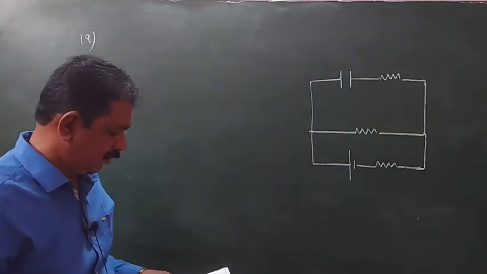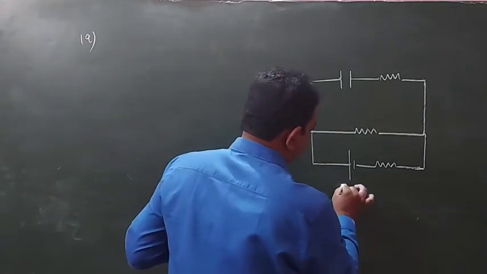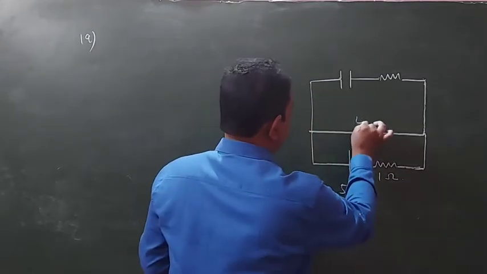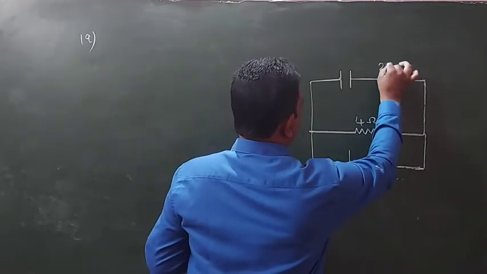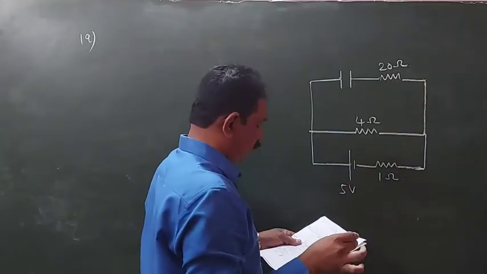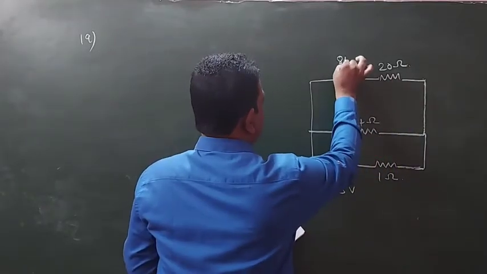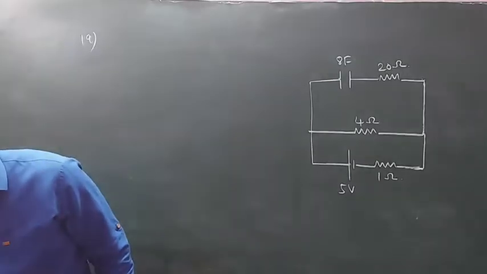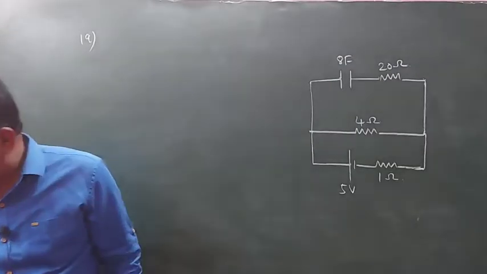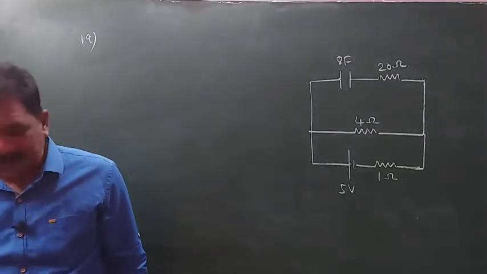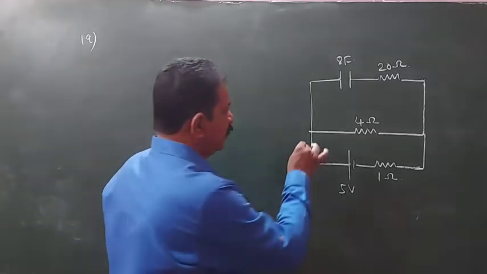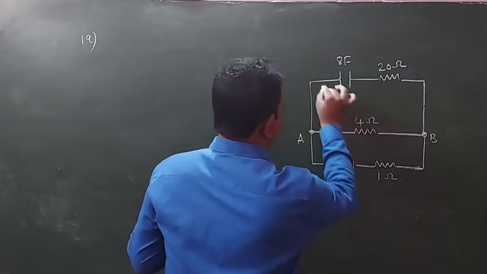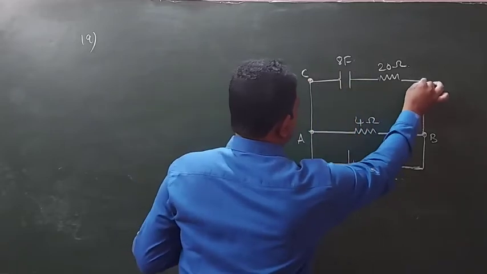This will be 5 volt. This is 1 ohm. This is 4 ohm. This is 20 ohm. This is 8 farad. Then what is the charge on the plates of the capacitor? That is the question. I am assuming this is AB. I am assuming this is CD.